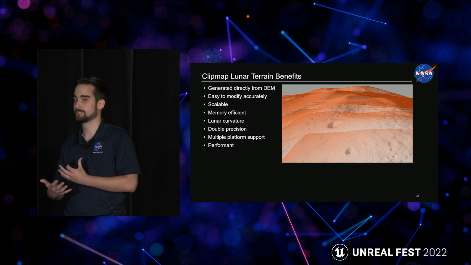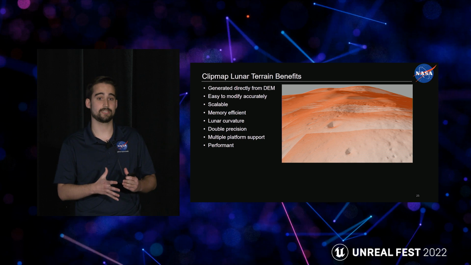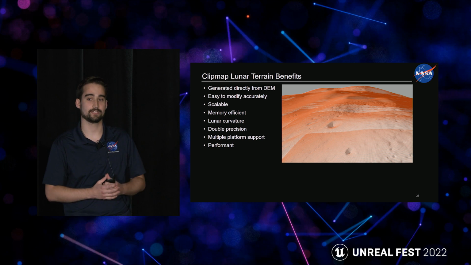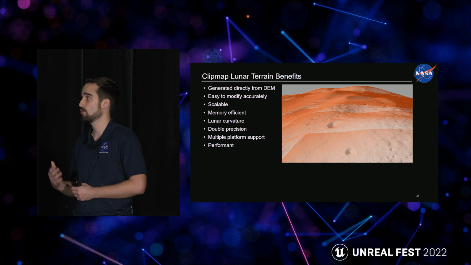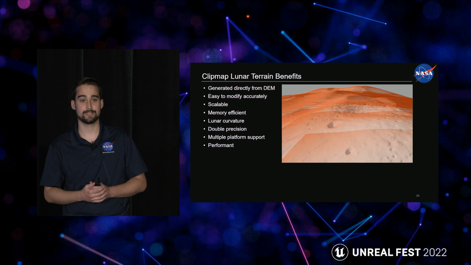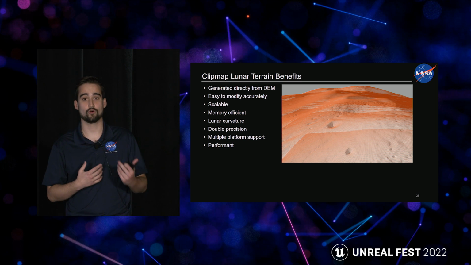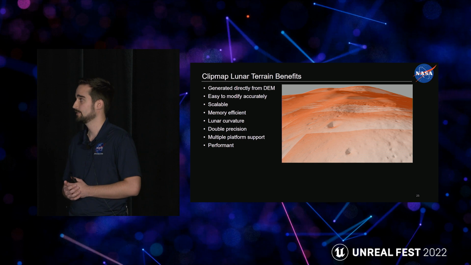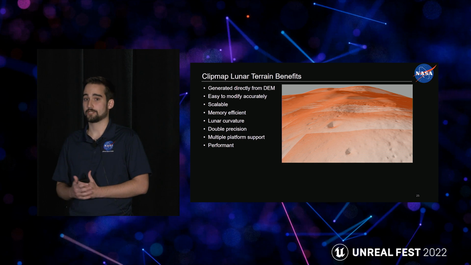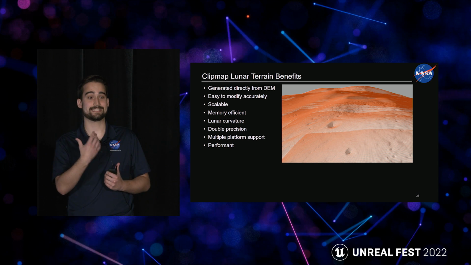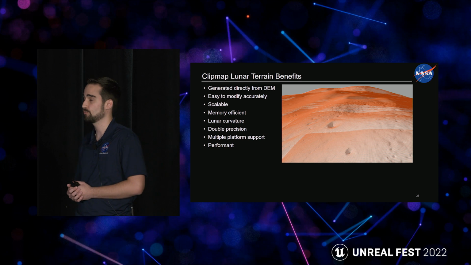So some of the benefits of this method: we were able to carry over all of the primary benefits of the Nanite mesh implementation, which were being generated directly from DIM, the use of double precision, and the incorporation of lunar curvature. Additionally, we resolved our primary concerns, which were the scalability to match users' hardware requirements and the platform flexibility.